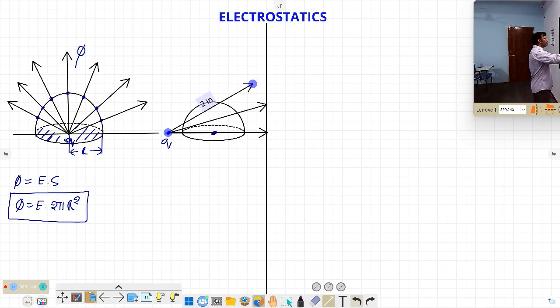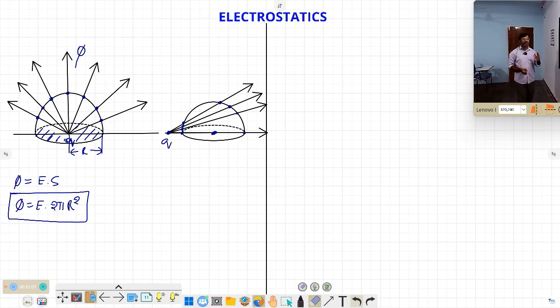Now if you observe these electric lines of force, every time they pass through the hemispherical surface, they touch two points. This is one, this is two, and this is one, this is two. It enters here and leaves here. Two times it touches the surface of the hemisphere.